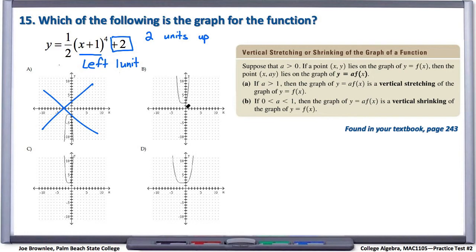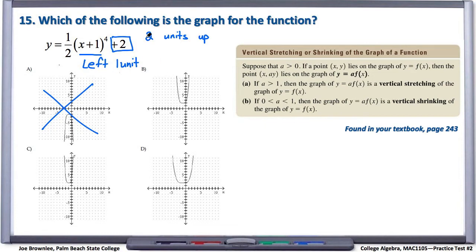If we start at the origin, move left 1 unit and up 2 units, graph B certainly fits. Graph C fits that characteristic, and graph D is also going to fit, right? Start at the origin, move left 1 unit, move up 2 units. So graph D also meets those vertical and horizontal translations.